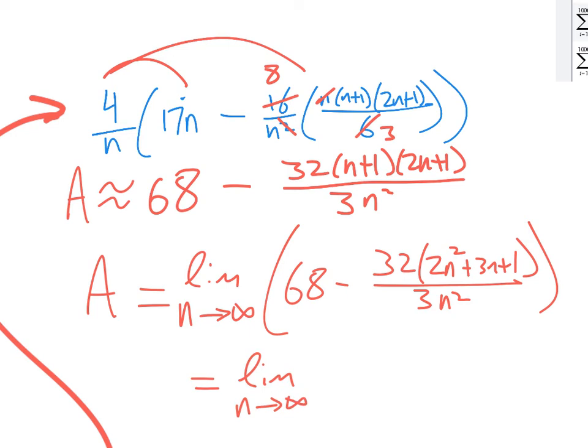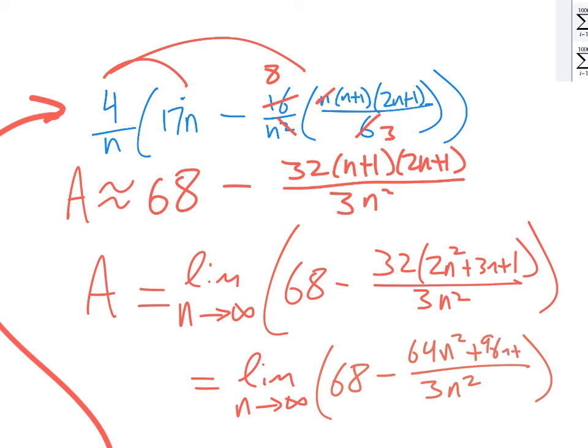As n goes to infinity, that's going to stay 68. All right, let me distribute this 32. And we get 64n squared plus 96n plus 32.